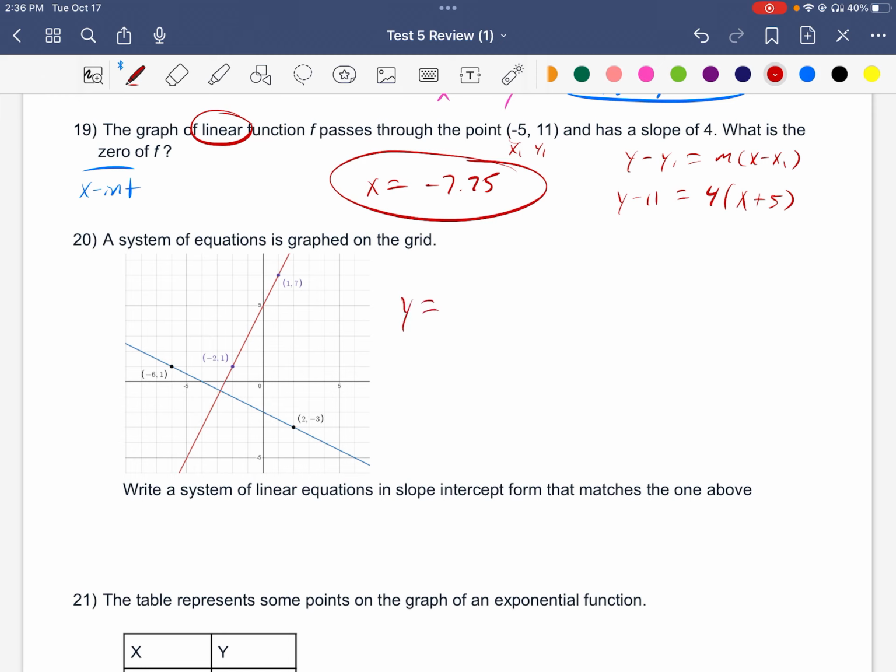I know that the slope is up 2 over 1 because I'm just counting rise over run. So 2x, and then the y-intercept is positive 5. So that would be one equation. The blue line I'll do in blue. Y equals, the slope is down 1, right 2, so negative 1/2 x. The y-intercept is negative 2. There you go.